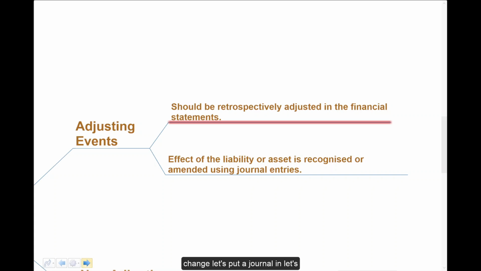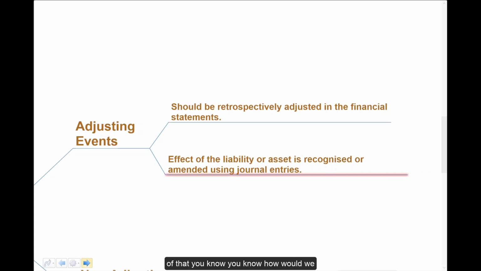Let's put a journal in. Let's reduce that stock. Let's account for that fire or theft or fraud in some way, shape, or form. In essence, these adjusting events manifestly affect the financial statements in a numerical sense.